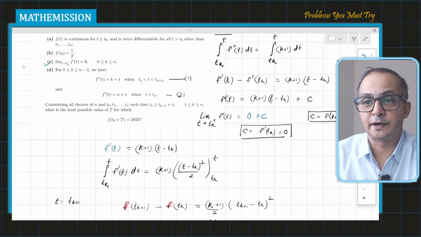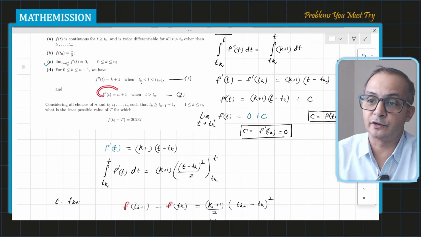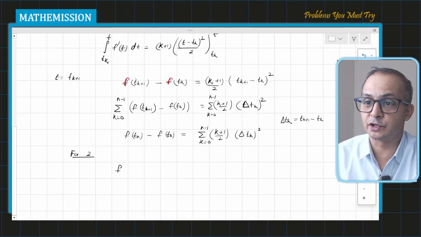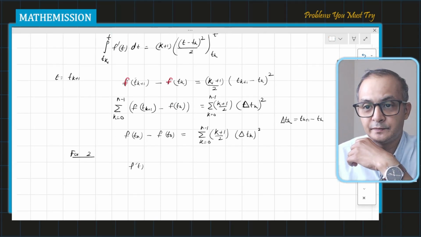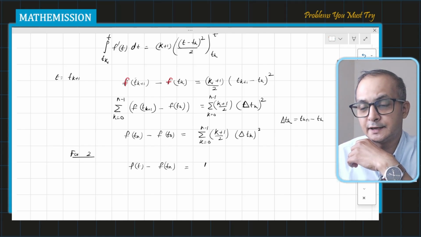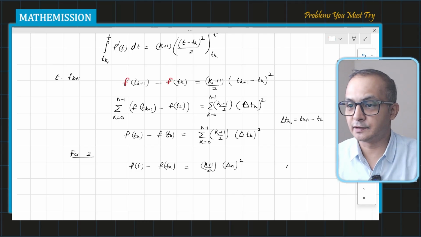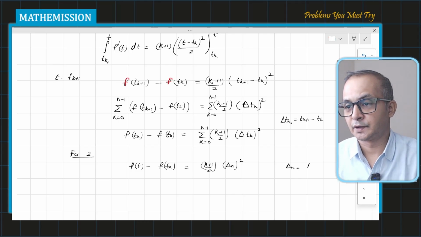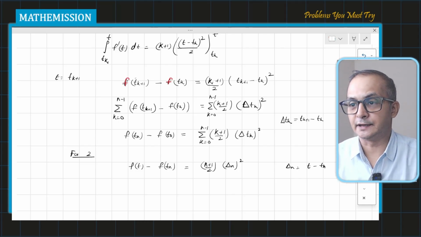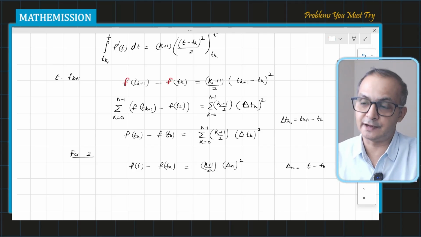When you're going from tn to t, the similar kind of summation gives f(t) minus f(tn), and this side I have (n plus 1)/2 delta n square, because delta n means t minus tn, the gap from tn to t.